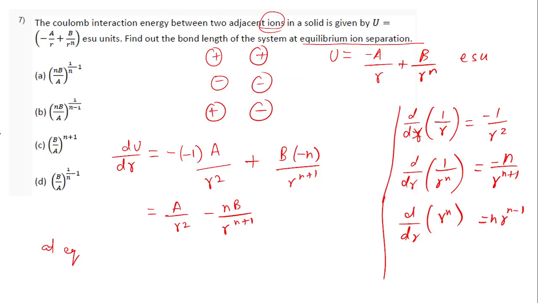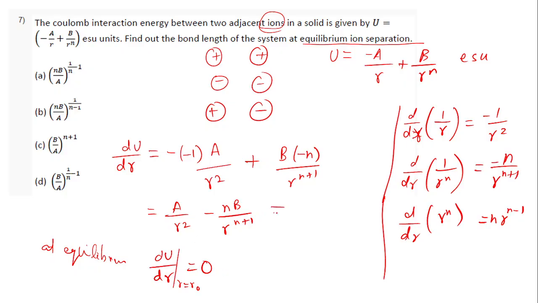So at equilibrium, this derivative will be equal to 0 at r equal to r naught. The atoms or ions will be at equilibrium when they are at this equilibrium distance that we denote by r naught, and the derivative will be 0.